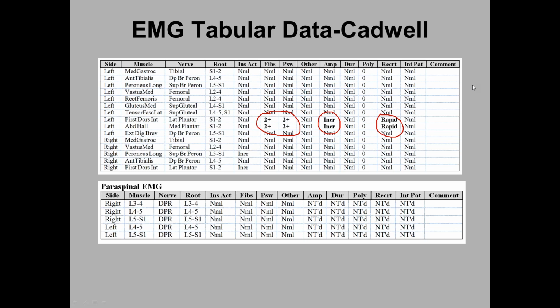Okay? So this is ongoing neuropathy when I see evidence in all three places. Interference patterns are abnormal. Motor unit configuration is abnormal. When that's abnormal, it tells me that it's actively or chronically reinnervated due to collateral sprouts.